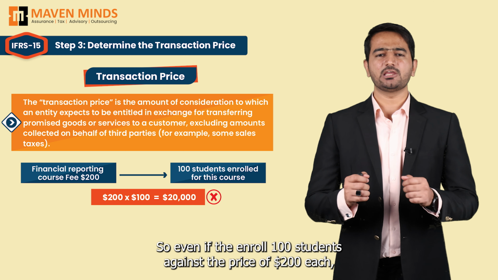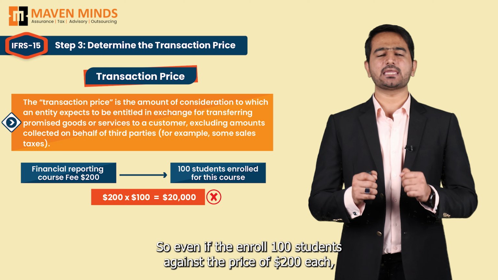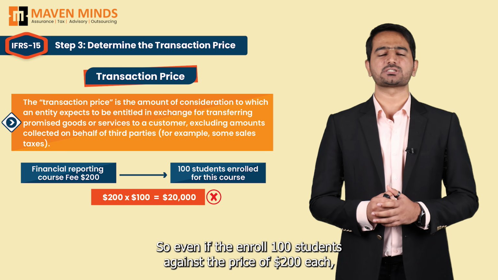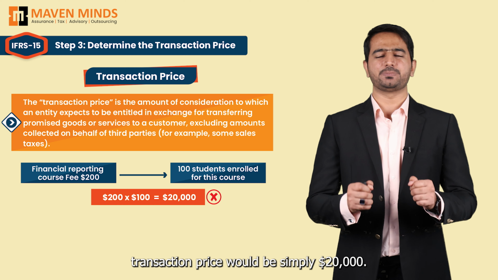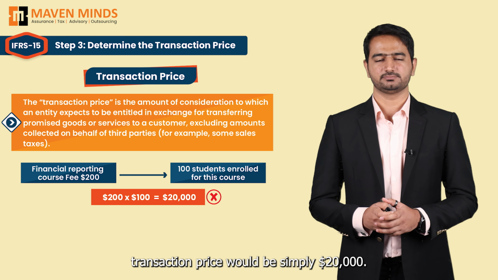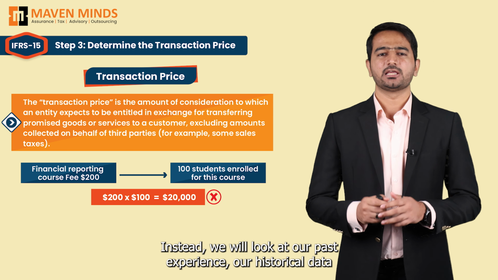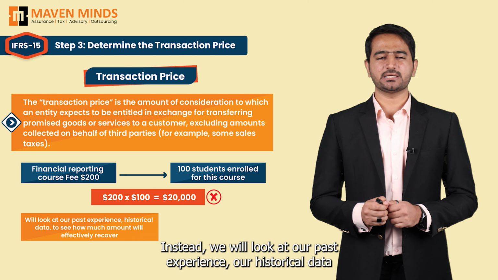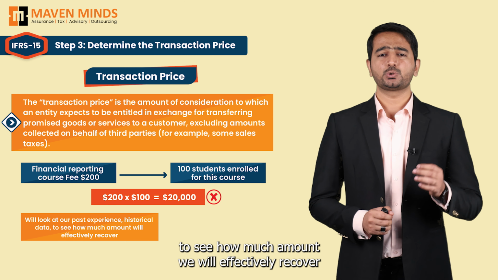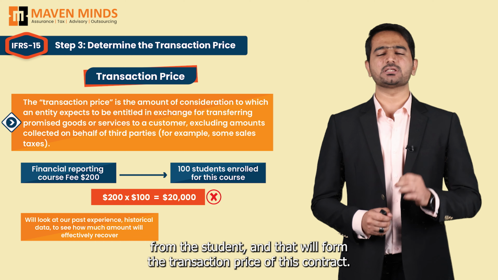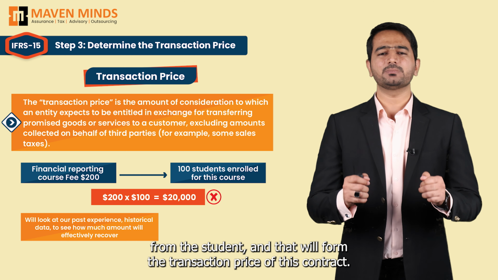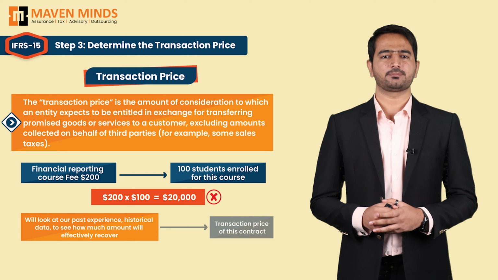So even if we enroll 100 students at $200 each, it does not mean that our revenue, our transaction price, would be simply $20,000. Instead, we will look at our historical data to see how much amount we will effectively recover from the students, and that will form the transaction price of this contract.